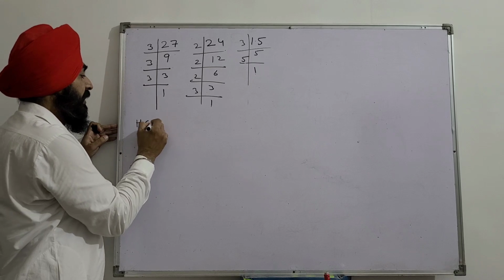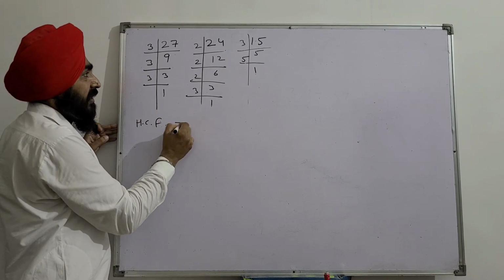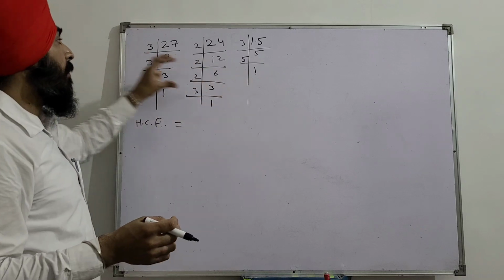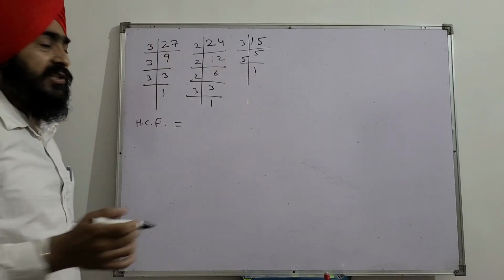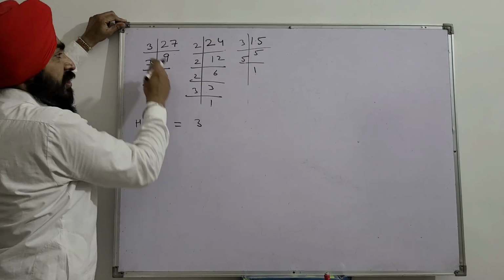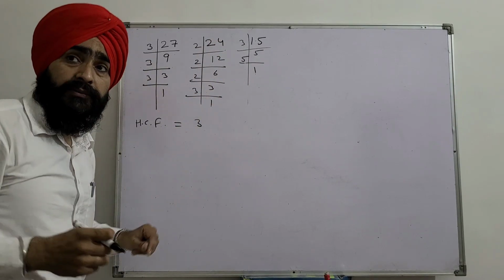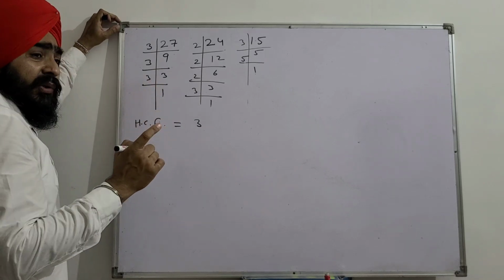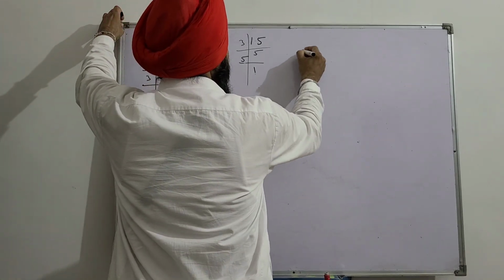Firstly the HCF. You have to find the common prime factor amongst all these. So 3 one time is common. Is there 2 or 5 common there? No. So it means the HCF is 3.